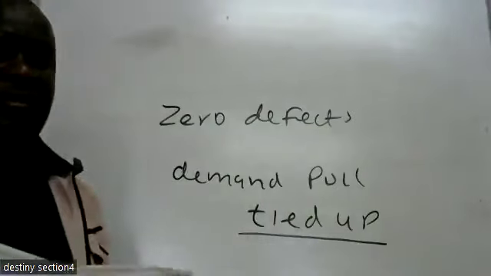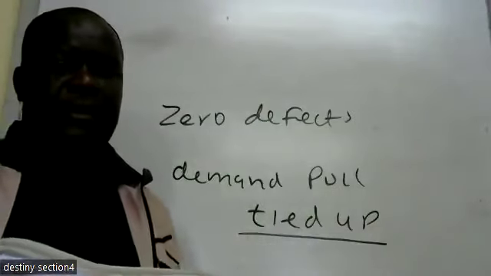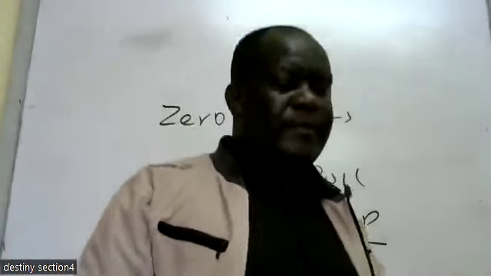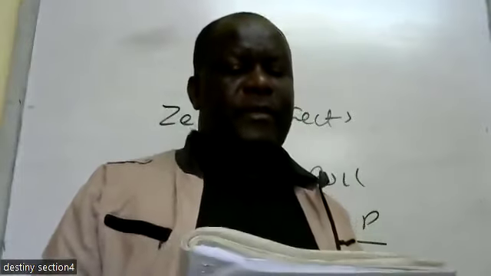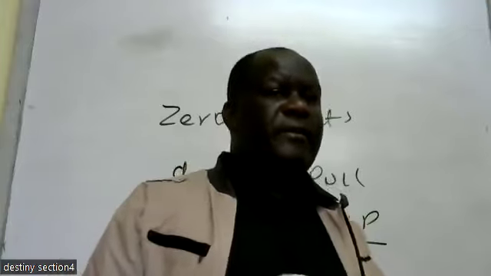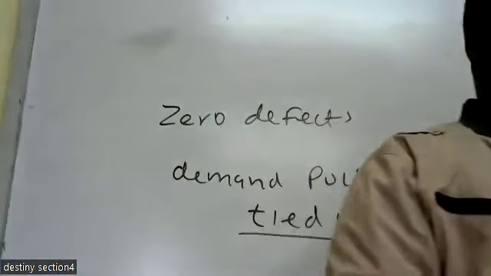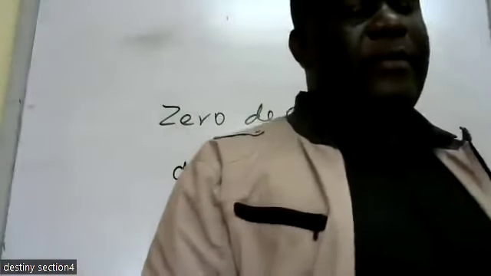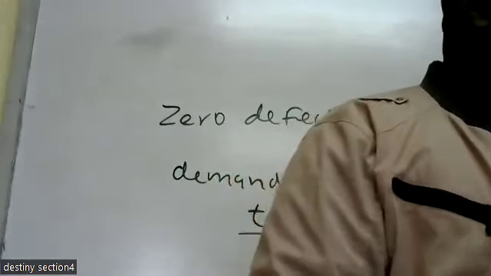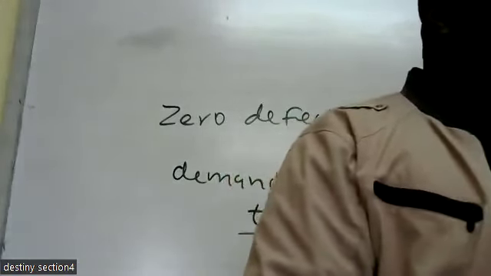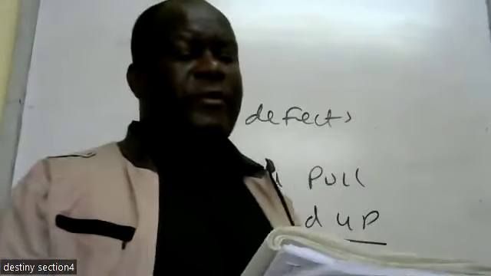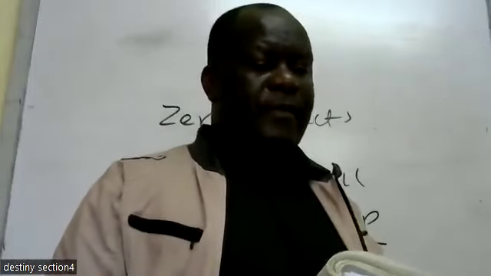Then we can also look at another paragraph: the just-in-time system differs from the periodic review control system in the following ways.